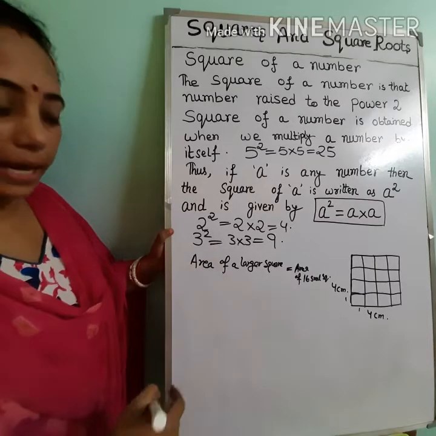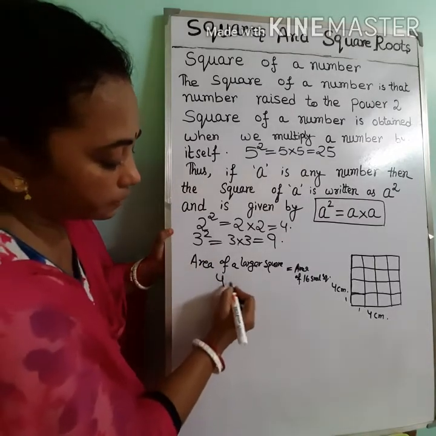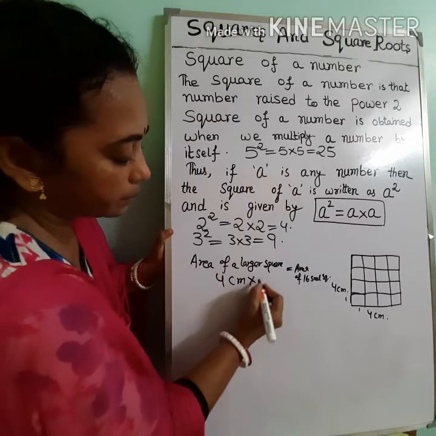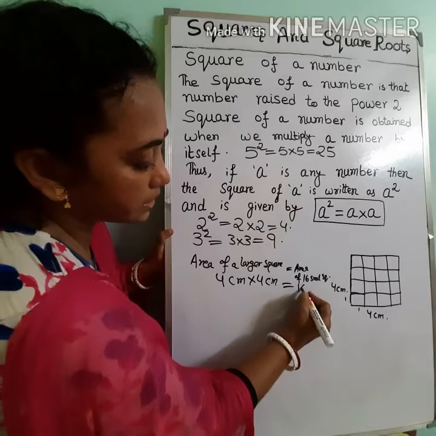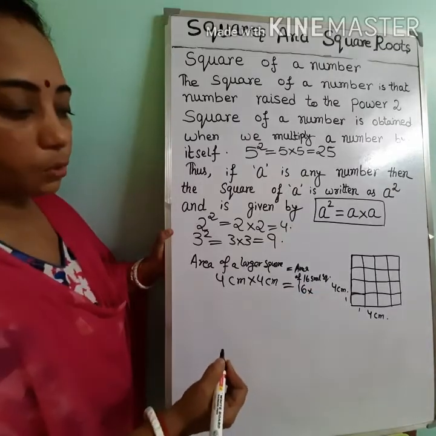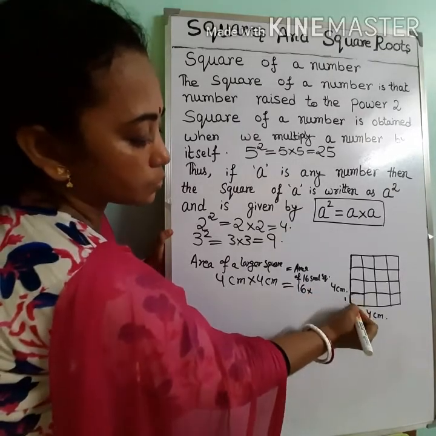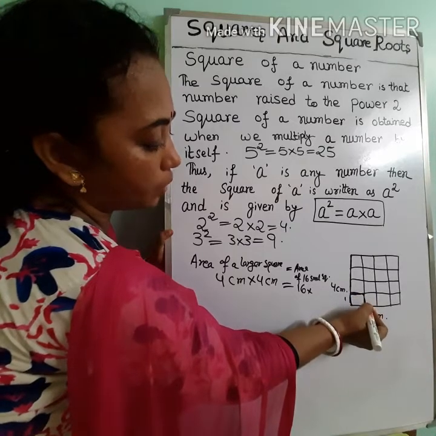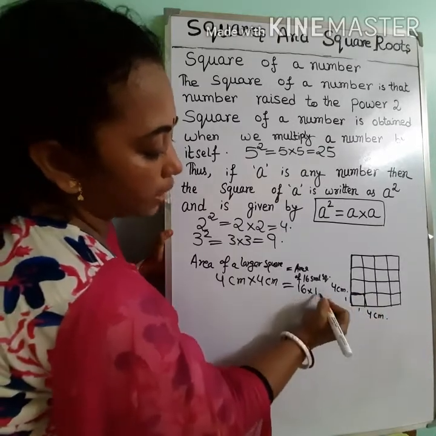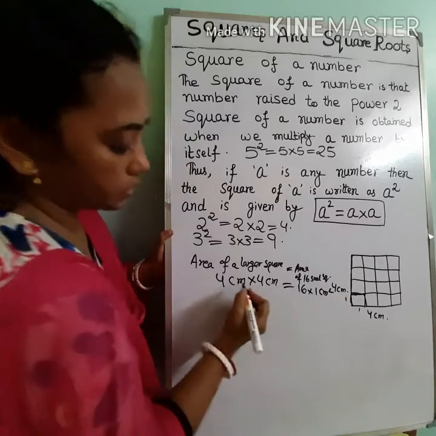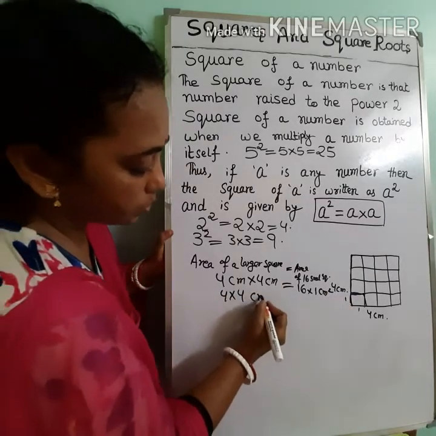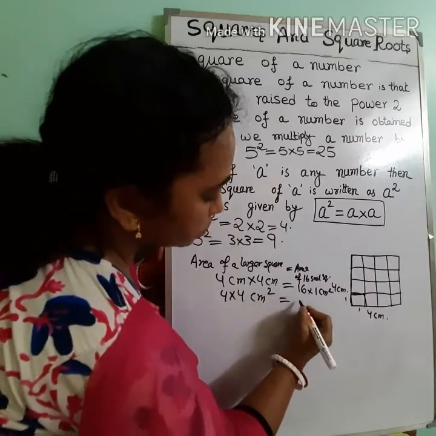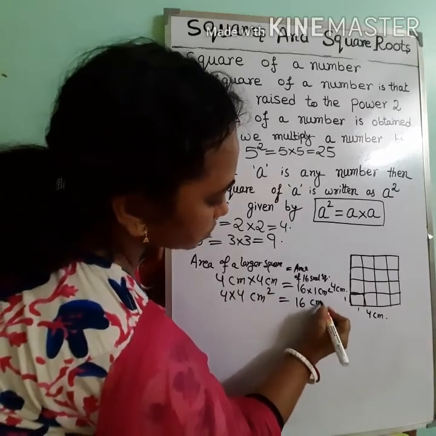In a square all sides are equal. So we write 4 cm multiplied by 4 cm. So this is equal to 16 into the area of one small square. That is, one small square area is 1 by 1 centimeter square, that means 1 centimeter square. So this becomes 4 multiplied by 4 centimeter square, and that is equal to 16 centimeter square.